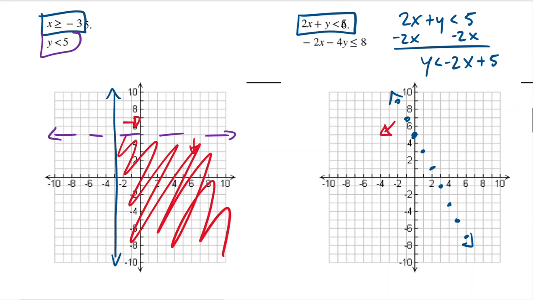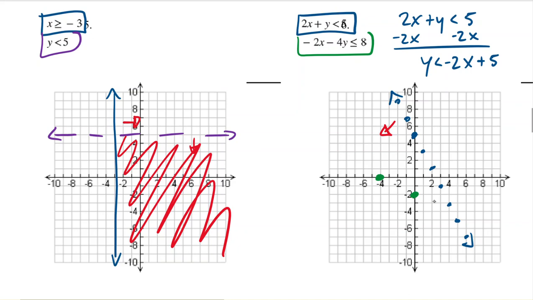Our next equation, -2 and -4 both go into 8, so we can leave it alone and just solve by the intercepts. So -2 goes into 8 -4 times, so our x-intercept is -4, and -4 goes into 8 -2 times, so our y-intercept is -2.